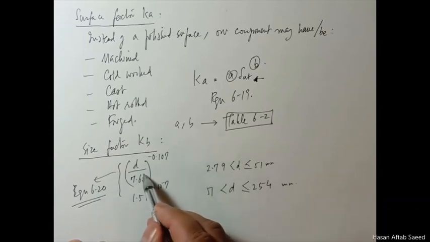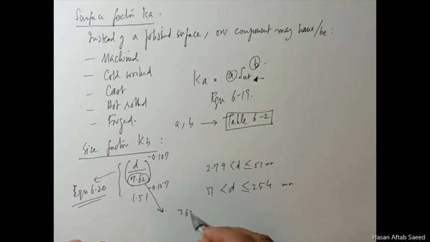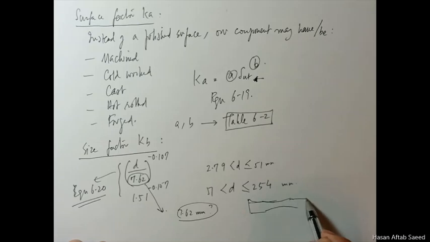And what is so special about 7.62 millimeters? This is the diameter for the specimen. This is exactly the diameter of the rotating beam specimen.